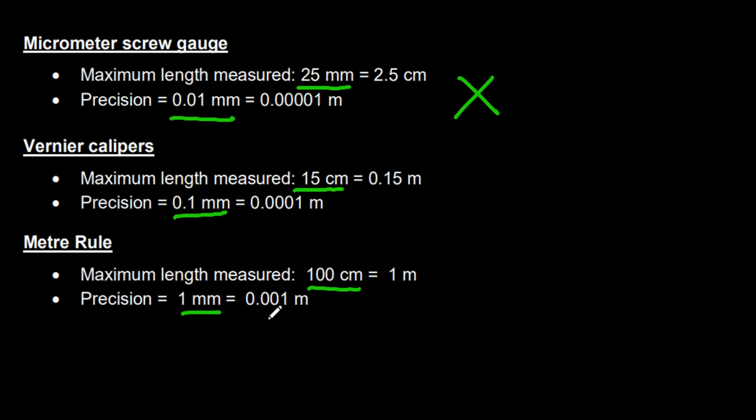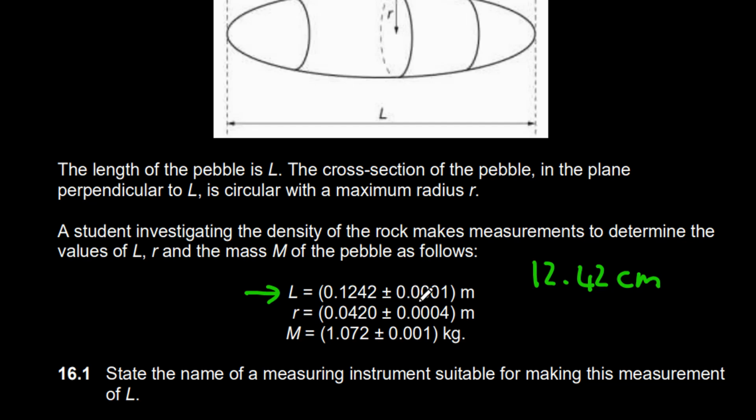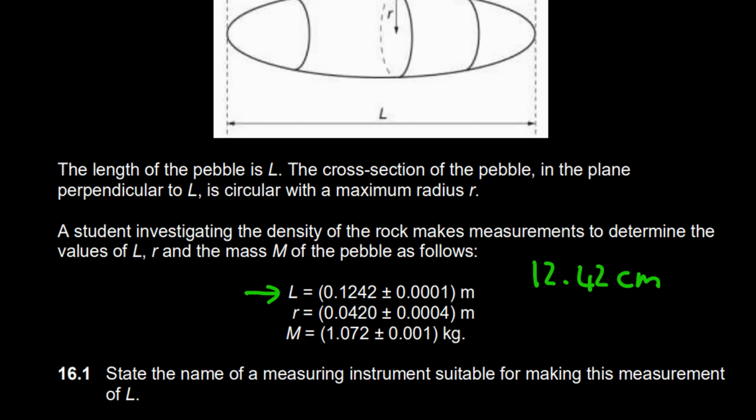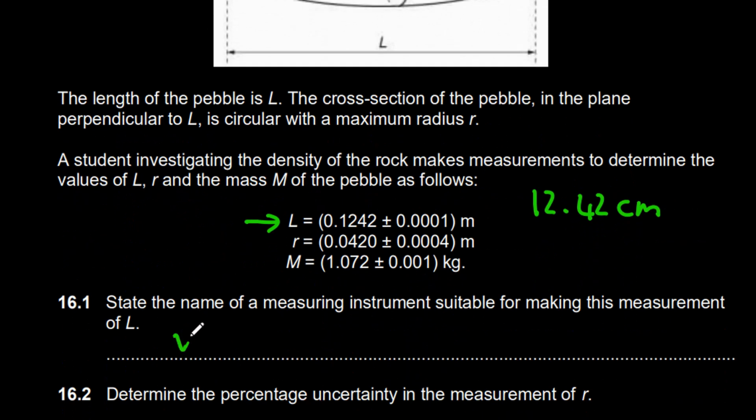The meter rule has a precision of only 0.001 meter, whereas the vernier calipers has a precision of 0.0001 meter. If we look at the error in this measurement, it's 0.0001 meter. And that corresponds to the resolution of the vernier calipers. So it's going to be this one, the vernier calipers.